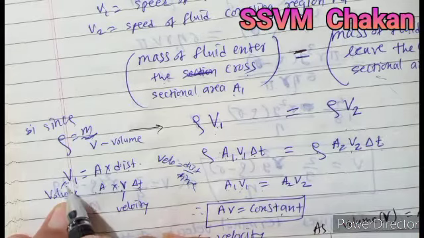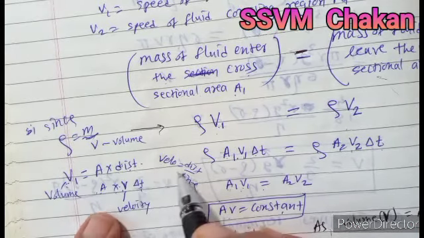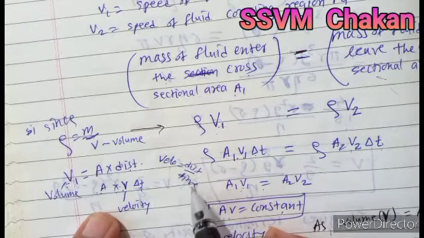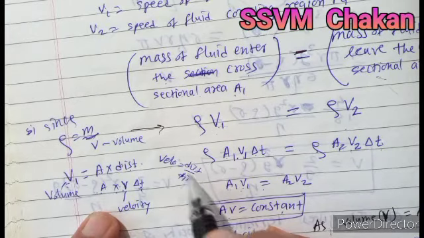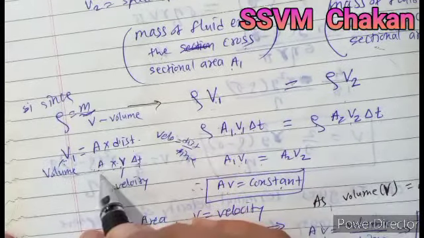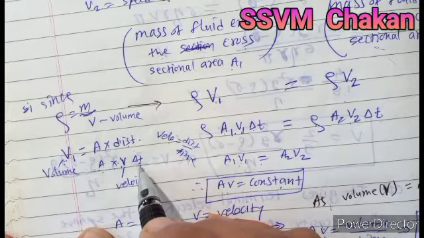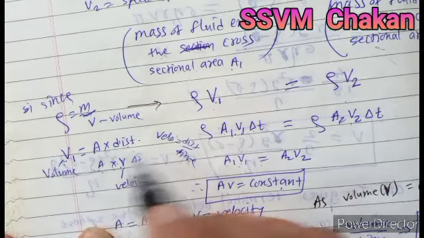We use the formula for volume, which is area into distance, and for distance we use the formula of velocity, which is distance upon time. So distance is nothing but velocity into time. Substitute here, so volume is equal to area into velocity into time, delta t. Substitute this value.